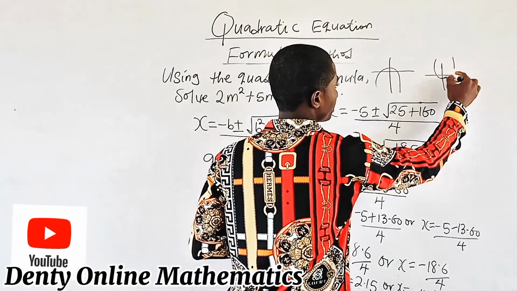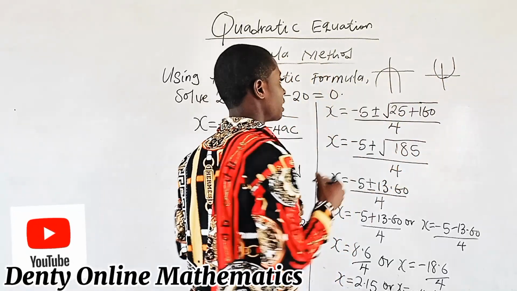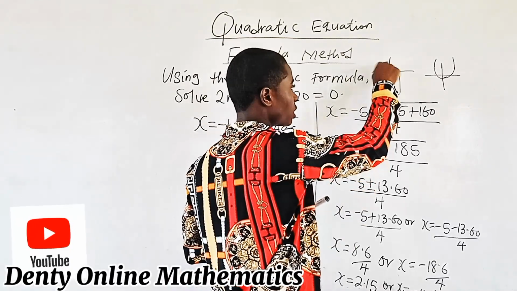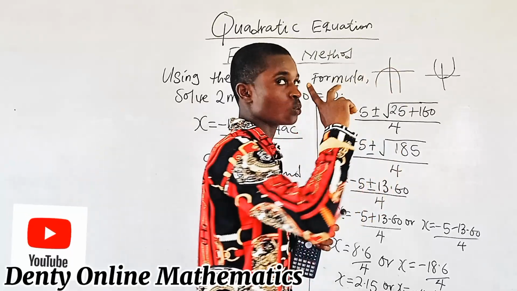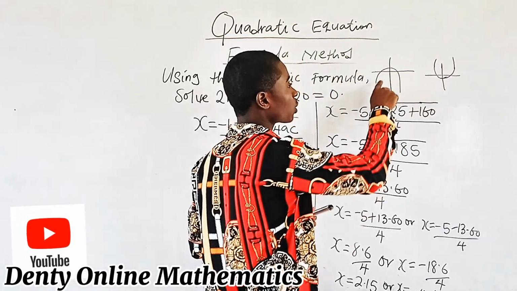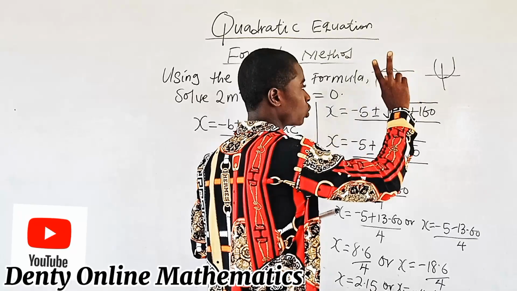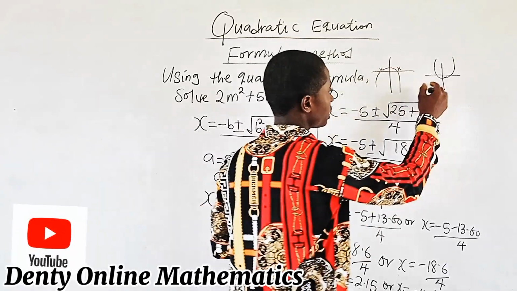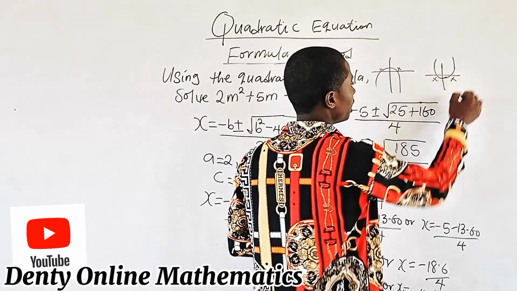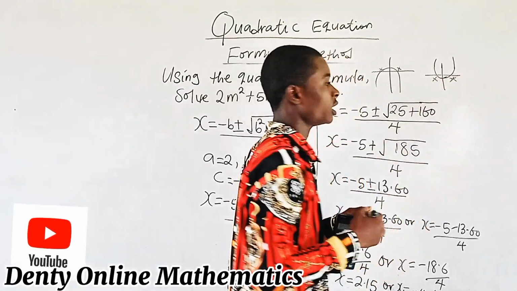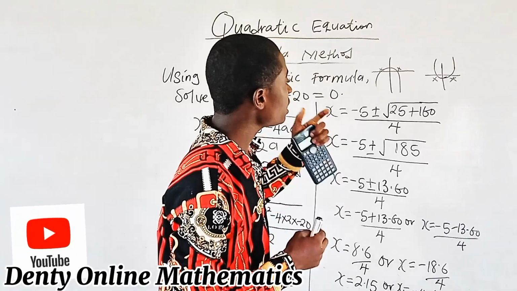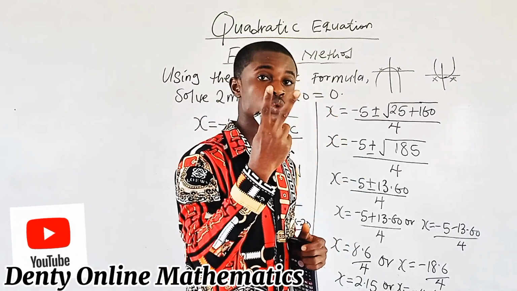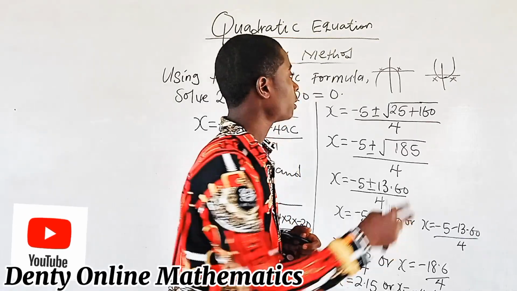If you observe, where this curve crosses this straight line is where the solution is. So you can see it crosses the x-axis at 2 points, the first point and the second point, which means the root is the solution also. So it means that a quadratic function will always have 2 roots or 2 solutions.